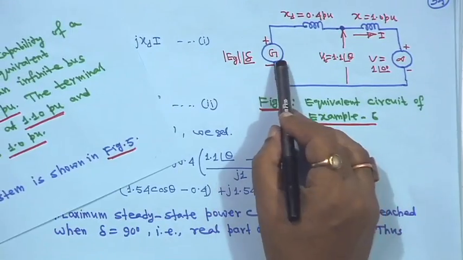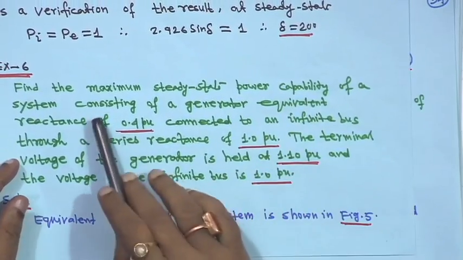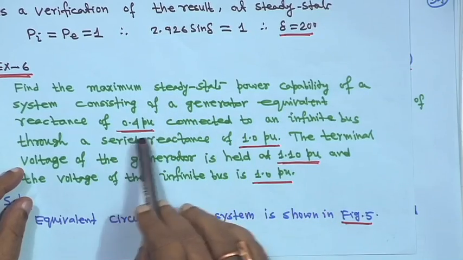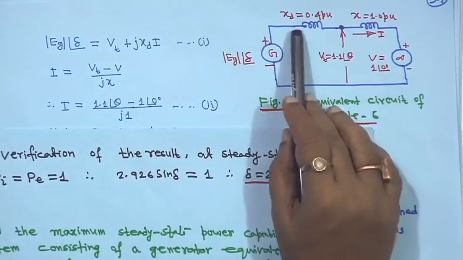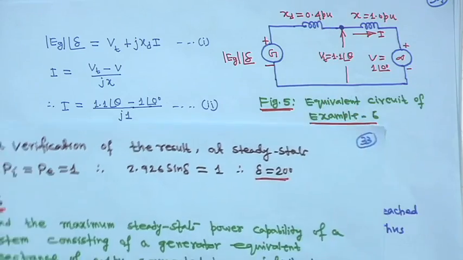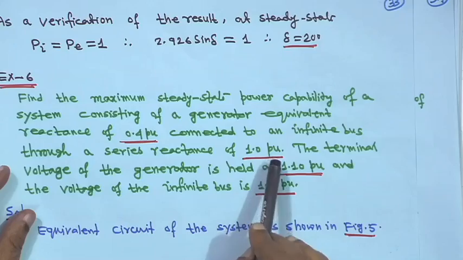So, it is that generator voltage, E g angle delta, and this is given generator equivalent reactance 0.4 per unit. So, this is x d we are writing, 0.4, and through a series reactance of 1 per unit.